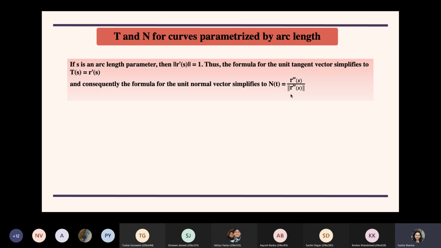Automatically your denominator will become 1 because you can check that this norm is equal to 1. So even if you forget the formula, no need to worry, because this will automatically give you r dash. The denominator is anyway 1, so there will be nothing here. And when you differentiate this and divide by its norm, you are going to get this expression.